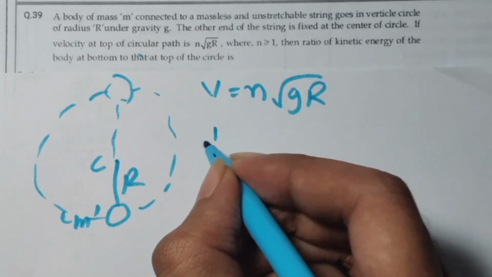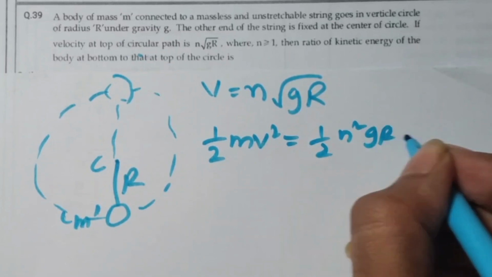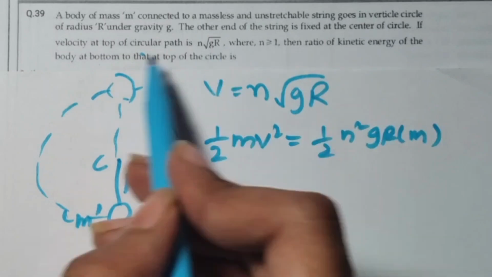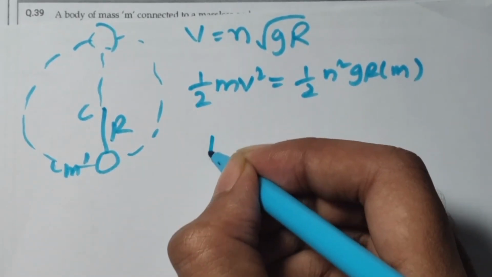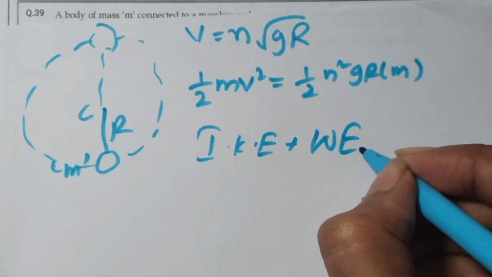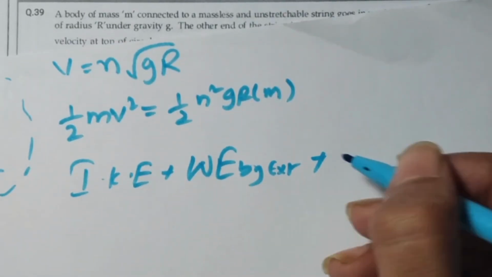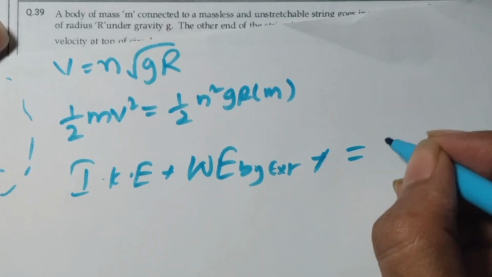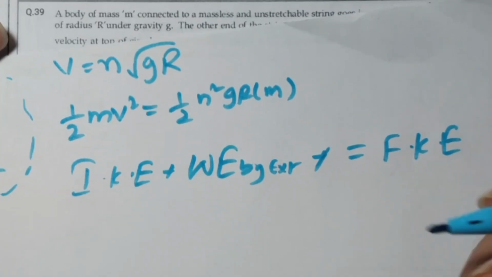We already know the kinetic energy at top, which is half m n square gr. What we want right now is the kinetic energy at bottom. We know that initial kinetic energy plus work done by external forces, including negative work, equals final kinetic energy by the work energy theorem.